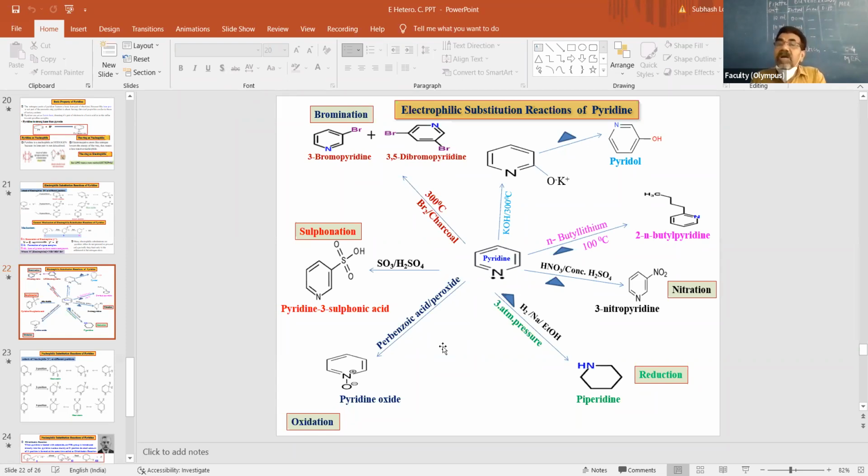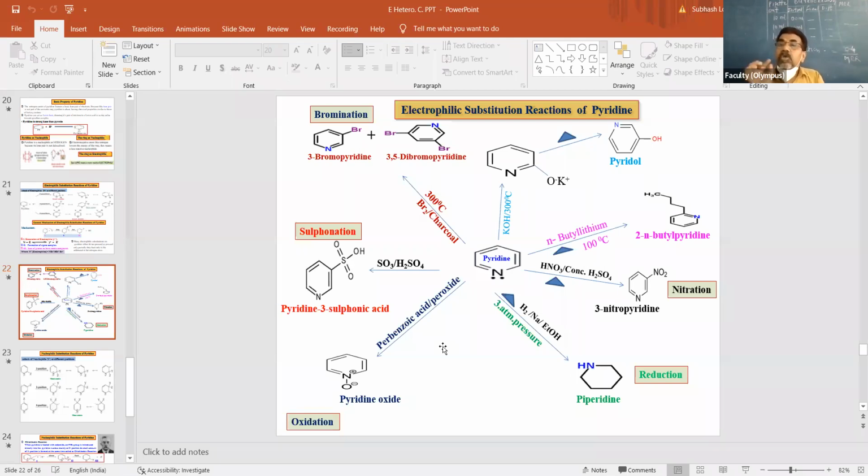Here, with n-butyllithium, this is the confusing question. Pyridine with n-butyllithium gives 2-butylpyridine, not 2-lithio. Lithium is the electrophile here, while butyl acts as the nucleophile, so it attacks at the 2 position and you get 2-butylpyridine. In pyrrole, thiophene, or furan, you get 2-lithio, since Li is positively charged and attacks there.